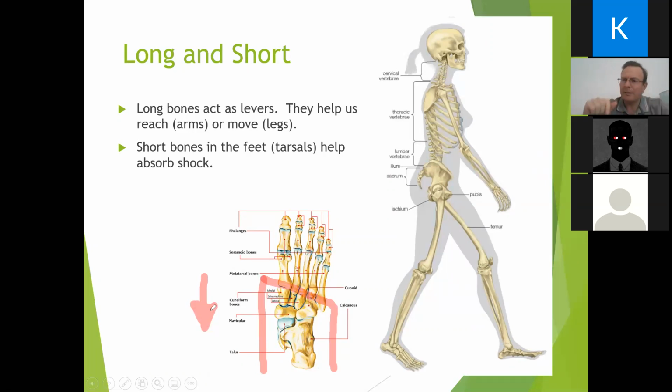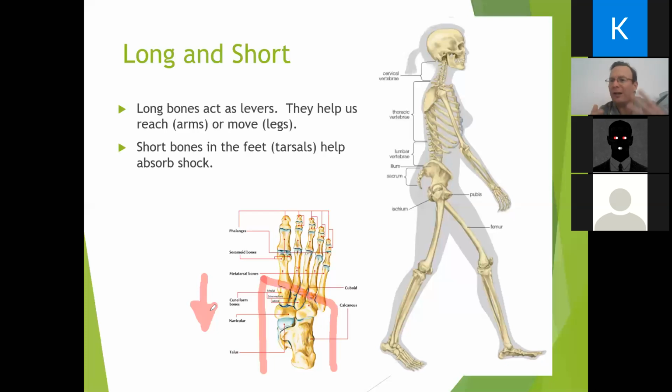When we land on our heel, which is called our calcaneus, that's quite a heavy load-bearing bone. It's the sort of thing that people get stress fractures in if they land repeatedly in there. That's where we absorb that initial load. And as our foot lands, it rolls through those short bones and then onto the long levers that spring us off the other side.